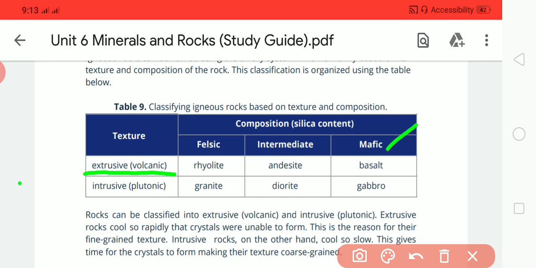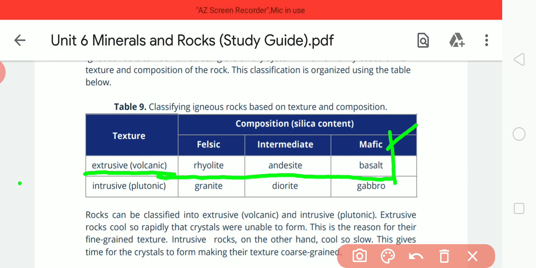Now, if we connect its classification based on its texture and its composition, we can connect this information, this one and here.